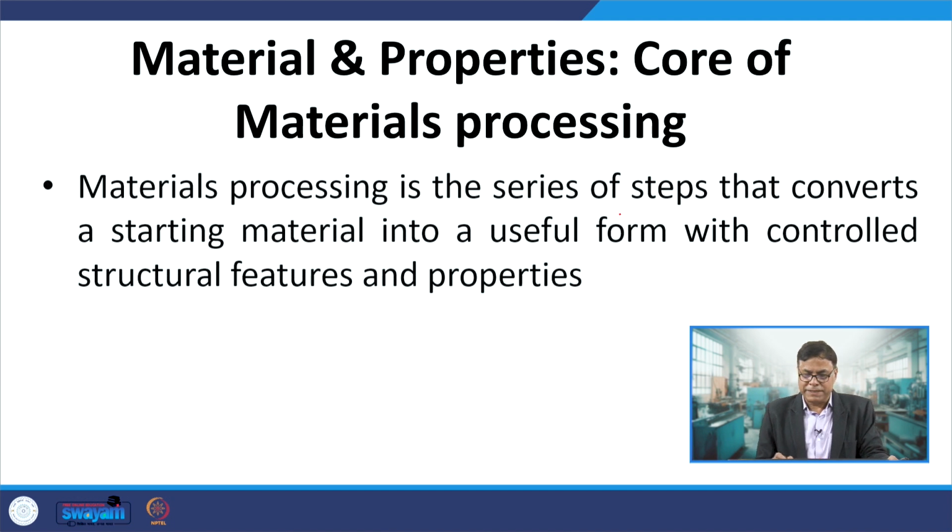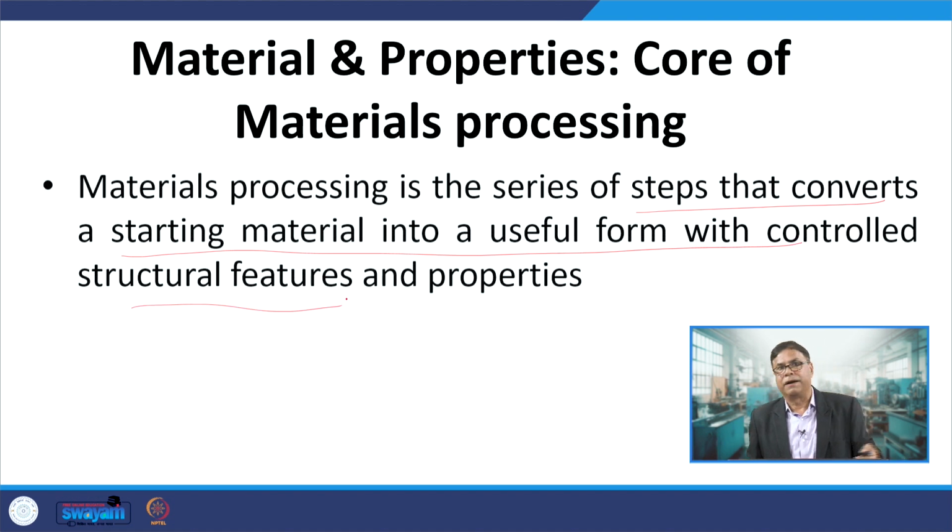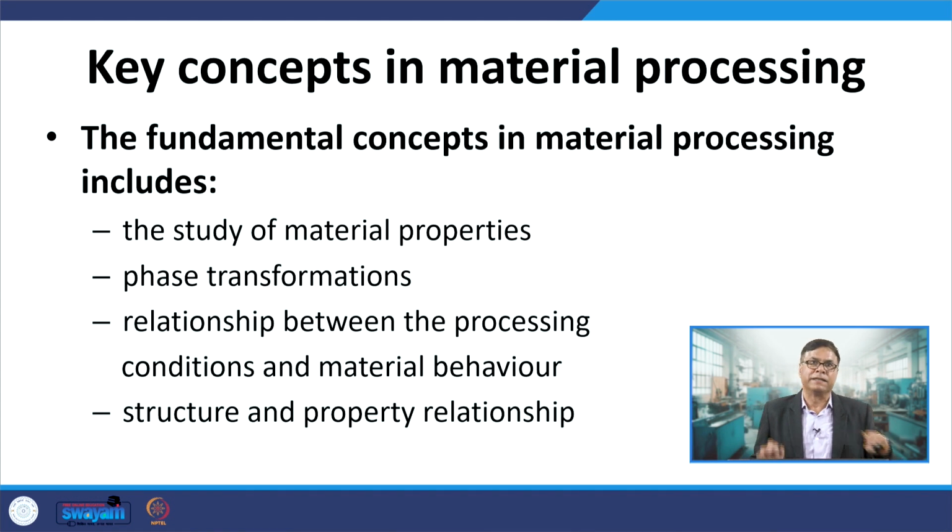So, material processing is a series of steps that converts the starting material into a useful form with controlled structural features and properties. This is the core, okay, not just shaping, but also realizing the desired structural features and properties in the component.